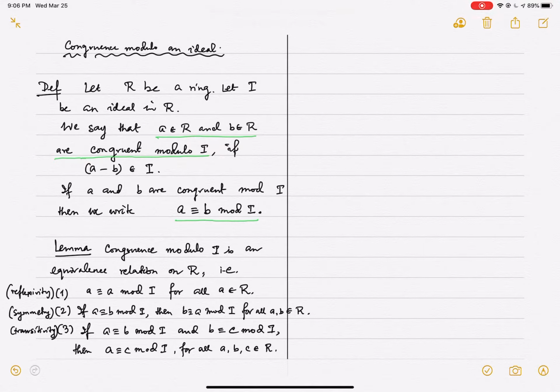If A and B are congruent modulo I, then you write A congruent to B modulo I. That's the notation.